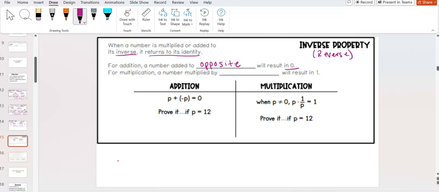And for multiplication, a number multiplied by the inverse, or the flipped, and with opposites we're talking positive and negative, will result in 1. So 12 plus negative 12 makes 0. And 12 times 1/12 makes 1.